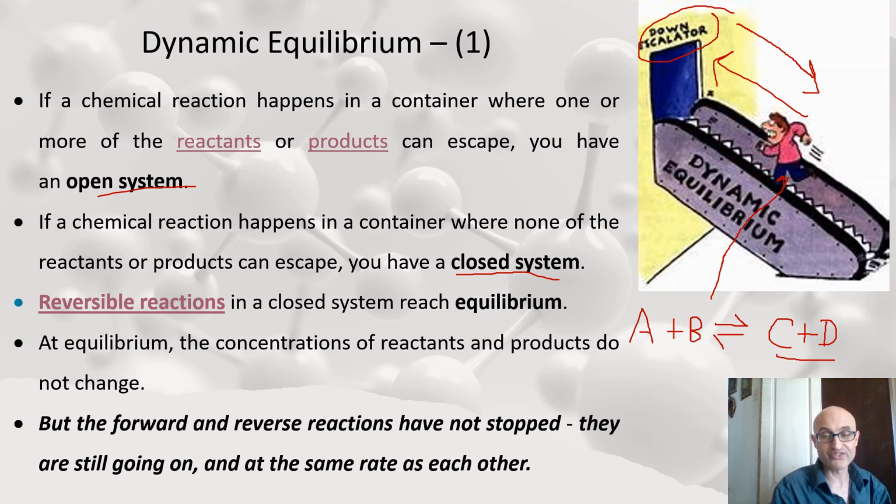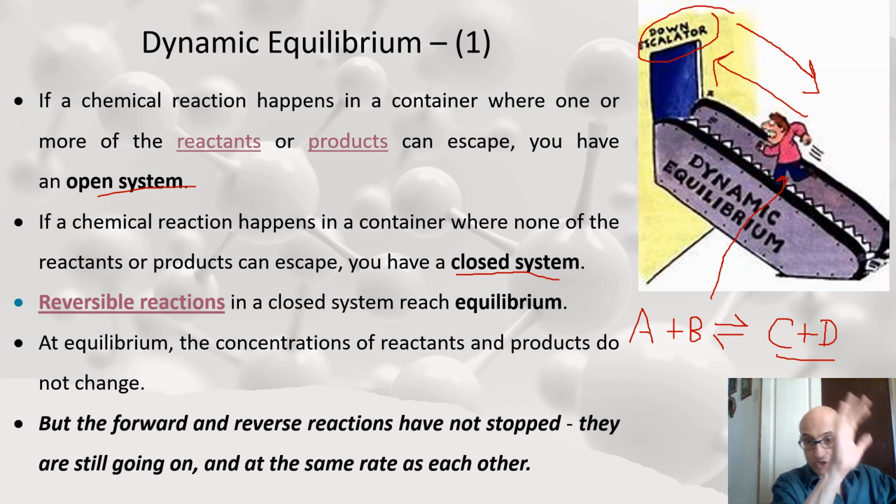In other words, the rate of the forward reaction is exactly cancelled out by the rate of the reverse reaction. So the speed of the forward reaction is exactly the same as the reverse reaction. Like digging a hole, the rate at which you're digging the hole is exactly cancelled out by the rate at which your friend is filling it up again.